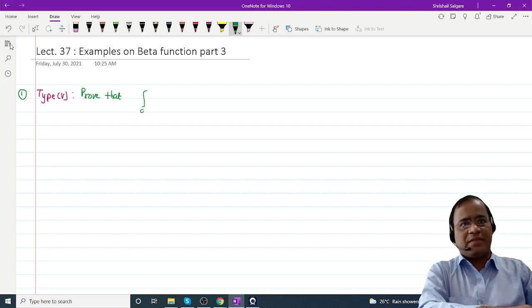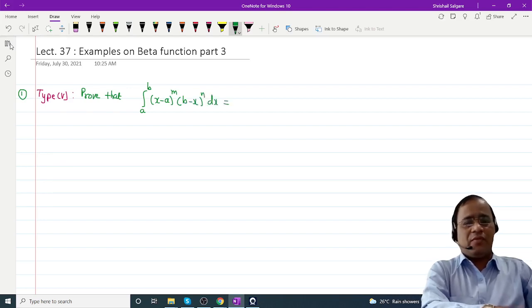Limits are given as some finite numbers a to b, and the integrand is given by two factors. One is x minus a raised to some power m, and the second one is b minus x raised to n, into dx.